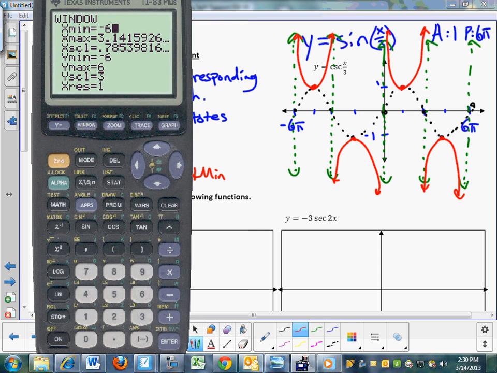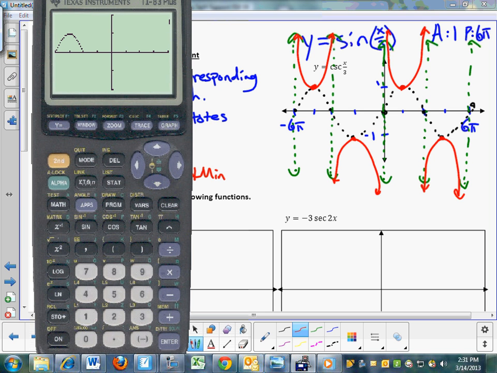Looks like I got -6 pi, a maximum of positive 6 pi, a tick mark every 6 pi over 4, or 3 pi divided by 2, and my y minimum and maximum would be -2 and +2. And watch this come to life. Is that not what I have exactly on the board?